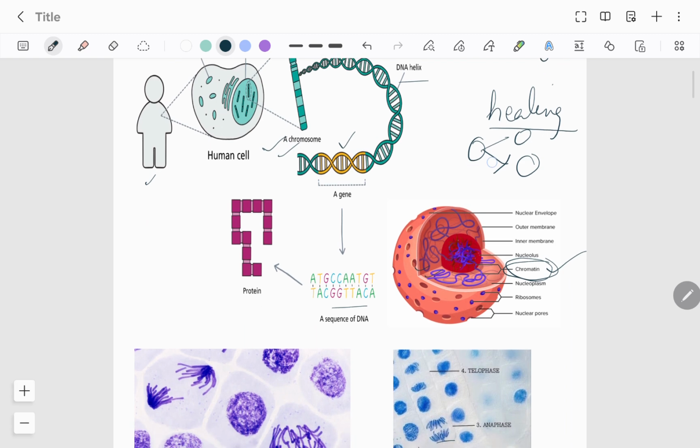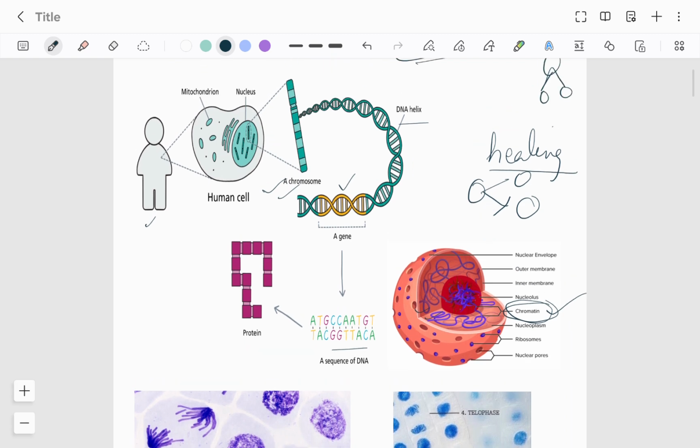Okay, why inside a non-dividing cell is the DNA scattered loose in the form of chromatin? Why is it not tightly packed up? See, when the DNA is loose, it is very easy for the enzymes involved in gene expression.